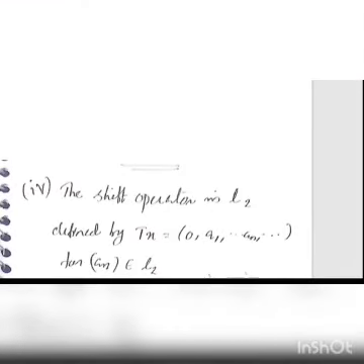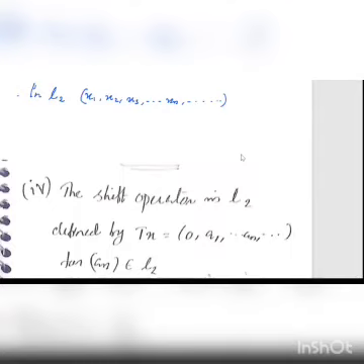So this is called the shift operator in L2. You know that in L2 you are having elements x1, x2, x3, etc., xn, etc., so of infinite type.